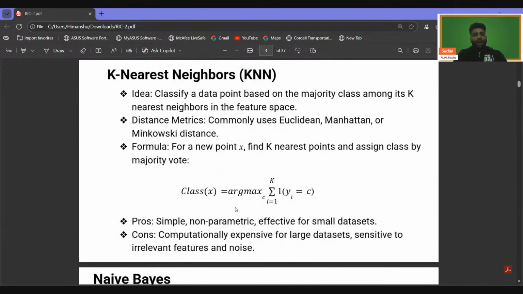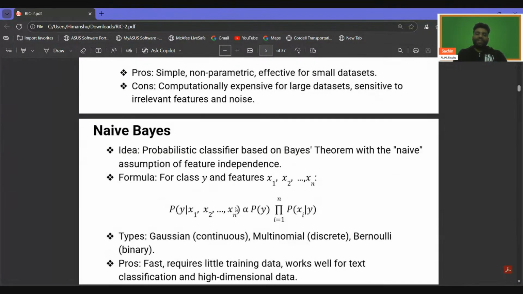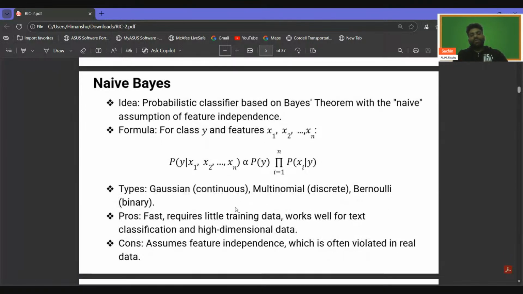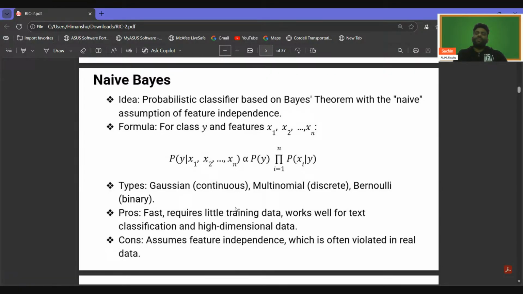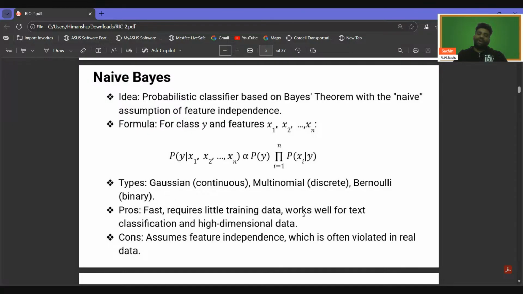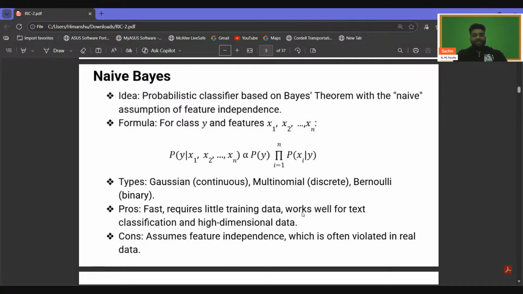Okay. Now what's next we are having is naive Bayes. So for the naive Bayes, it's like a simple kind of a Bayes classifier. But what we do is we have a very strong assumption over here, because of which we actually deal with it very beautifully. The types of naive Bayes we are having are Gaussian, multinomial, and Bernoulli. It's very fast. We require very little training data.